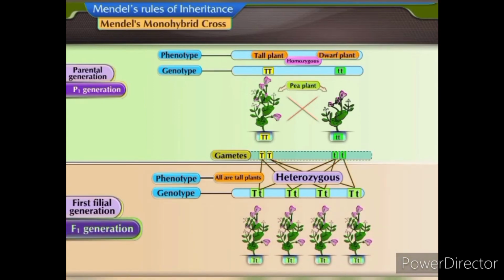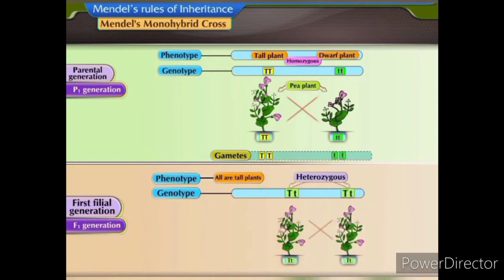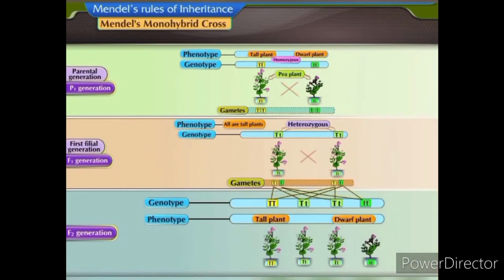Hence, F1 plants are self-pollinated to obtain F2 generation, that is, F1 crossed with F1 gives F2. Now each of these parents is heterozygous tall with genotype capital T small t. So we have capital T small t cross capital T small t.